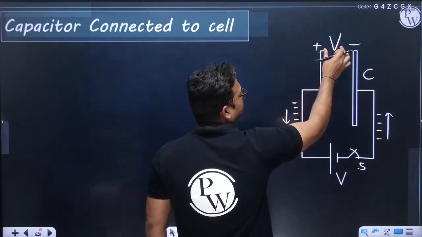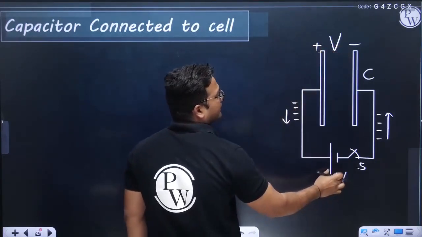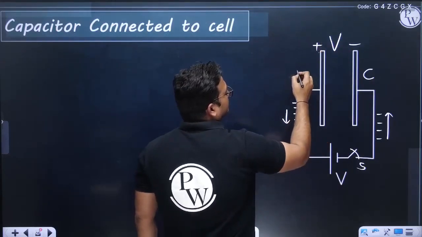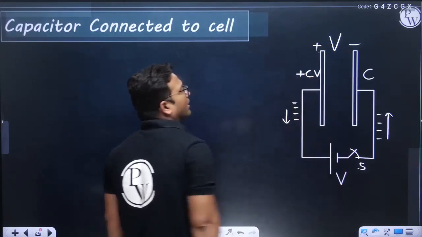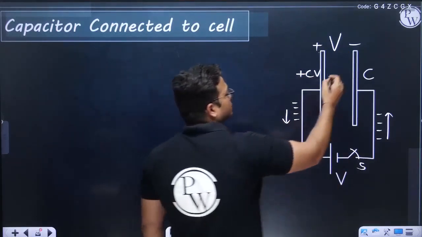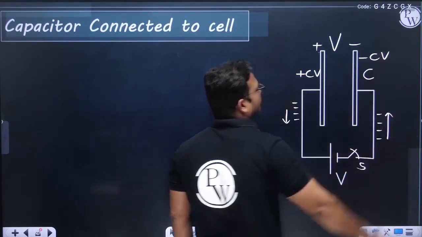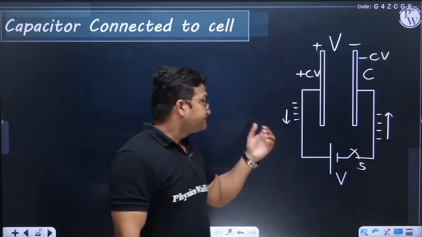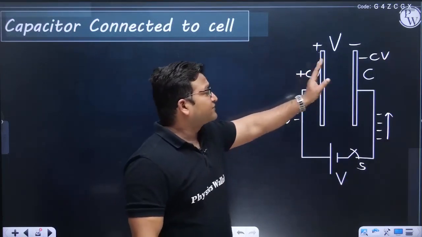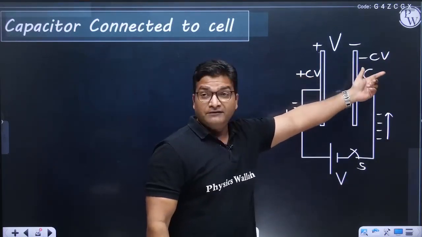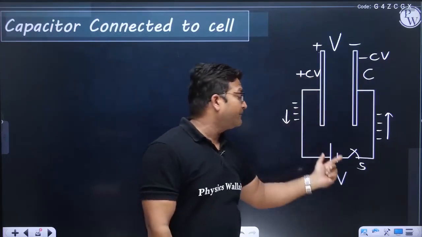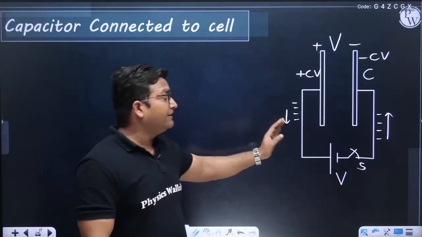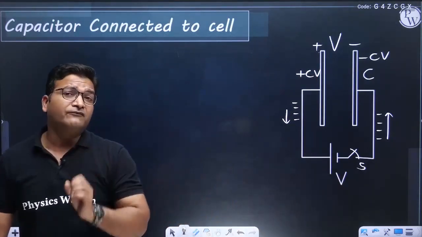As this potential difference across the capacitor is equal to the EMF of the battery, potential difference times C gives you the charge plus CV on the positive plate, and the charge on the negative plate is minus CV. So always remember, when you connect a capacitor through a battery, the charge on the capacitor plates is plus CV and minus CV, where C is the capacitance and V is the EMF of the battery. The current in the steady state is 0, but initially some current flows.